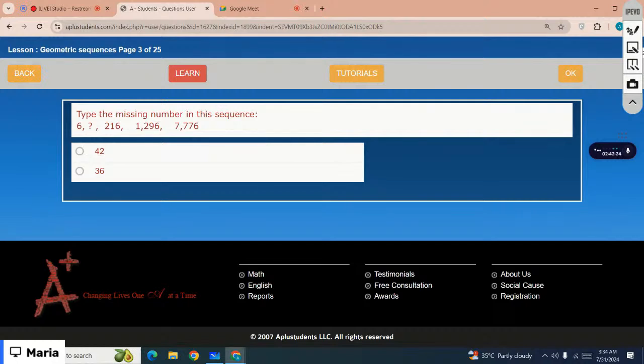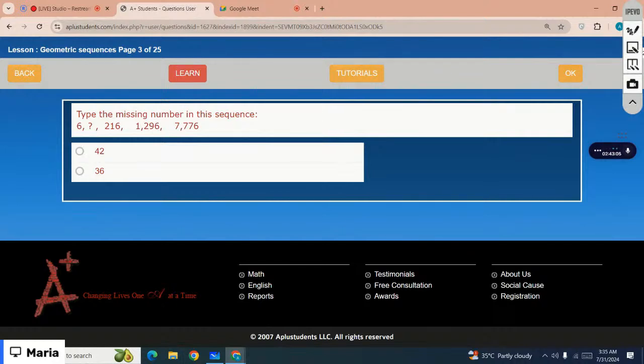Type the missing number in the sequence. So which number is missing? That is 36, right?